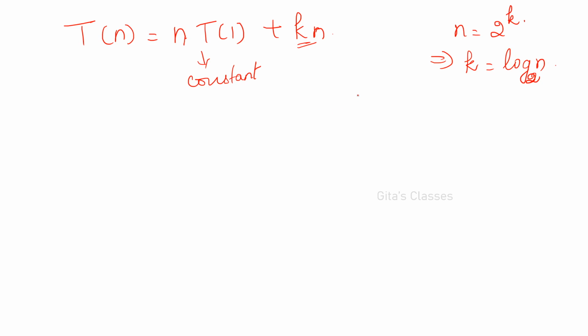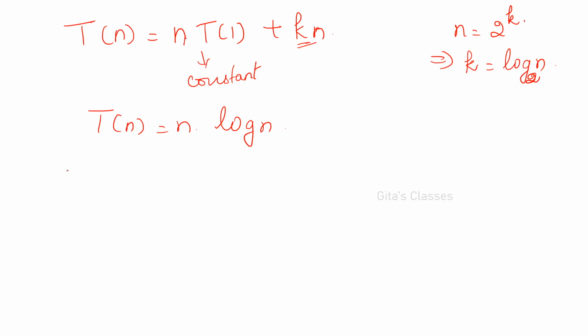Therefore, comparatively, this first term is very small, so we can ignore that. First term can be ignored because it is very small compared to the second term. Therefore, we can write it as T of n is equal to n into log n.